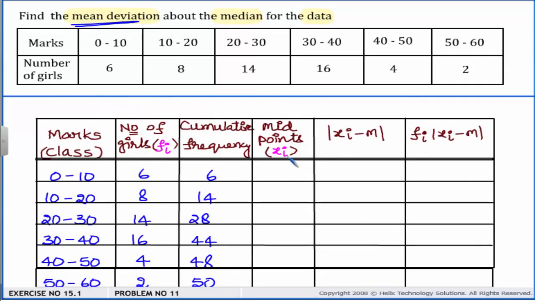Now the midpoints for the class are 5, 15, 25, 35, 45, and we have 55.